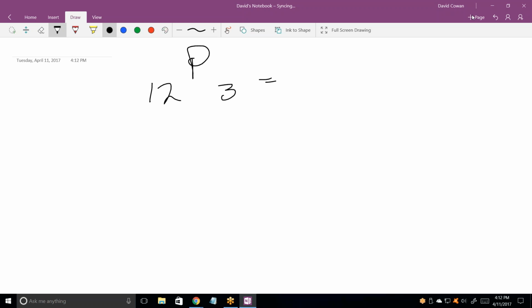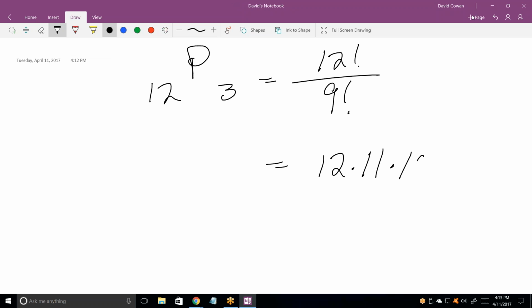That's 12 factorial divided by 9 factorial. What's that equal to? Cancel the denominator. That's your first step. I'm going to give it my calculator, I guess. No, you don't need to do it with a calculator. That's the answer right there.